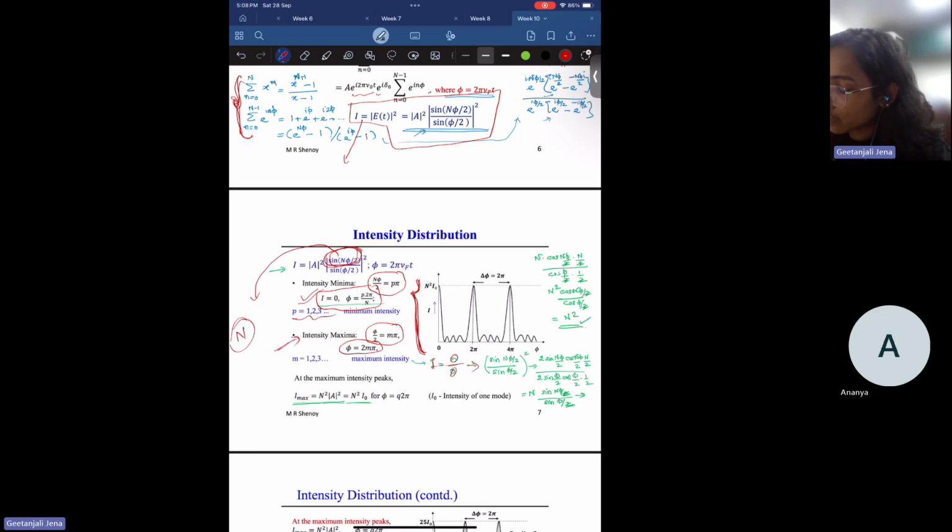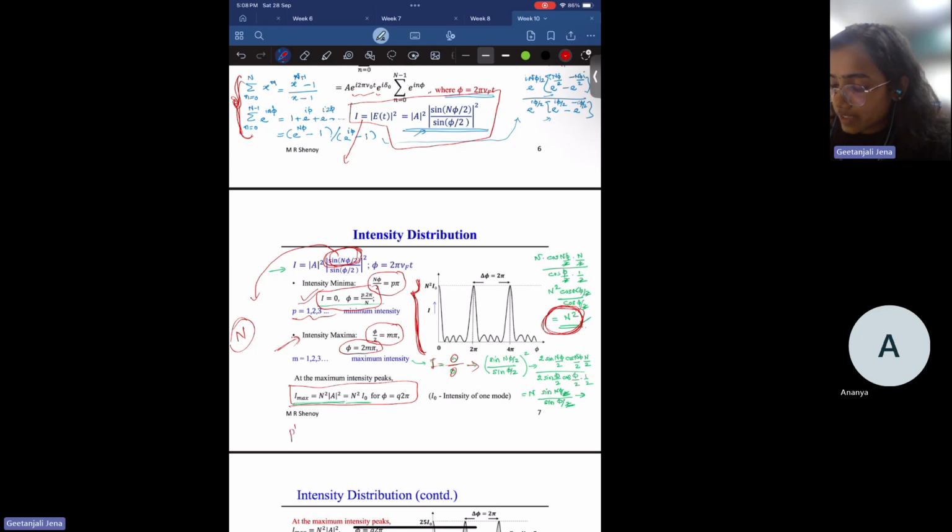If you take the derivative and follow L'Hopital's rule, you can get the intensity as n square. So the maximum intensity that you can get in the phase locking system is n square times I0 when phi is some even multiple of pi.